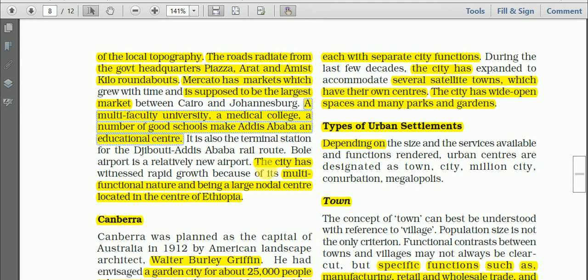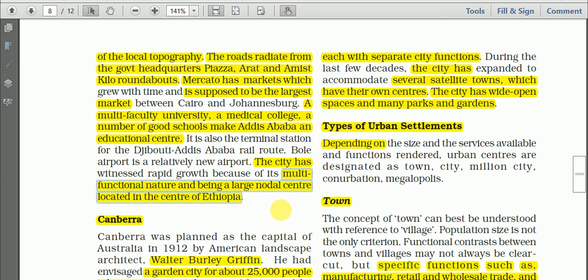Another feature: the city has a multi-functional nature. That means Addis Ababa performs multiple, different functions, being a large nodal center located at the center of Ethiopia.